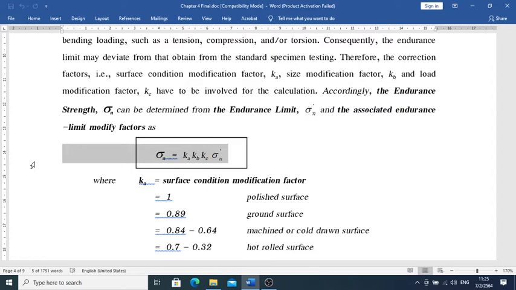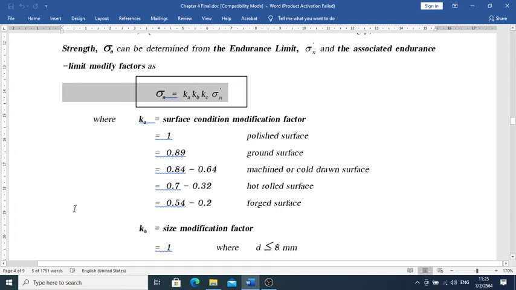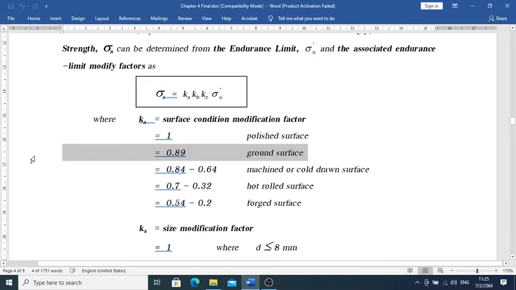So if it's not the standard thing we talked about before, for a ground surface we're going to go for 0.89. For a machined or cold drawn surface, 0.84, and things like that for the hot rolled surface and the forged surface.